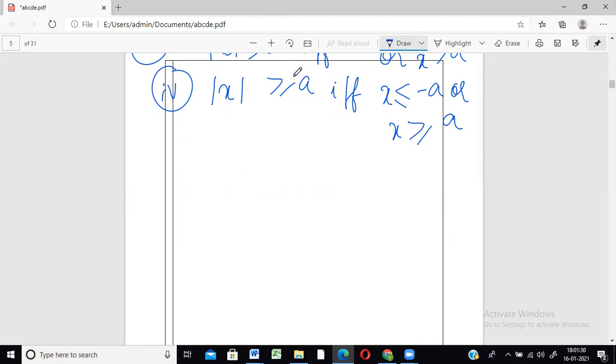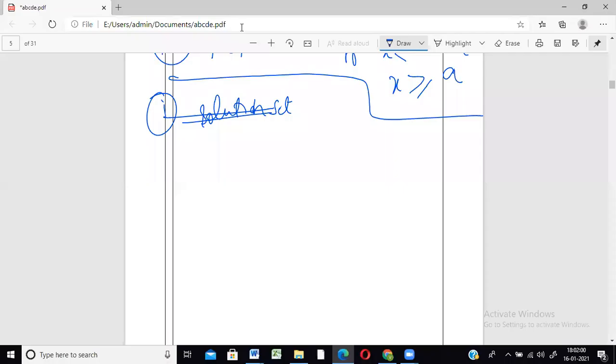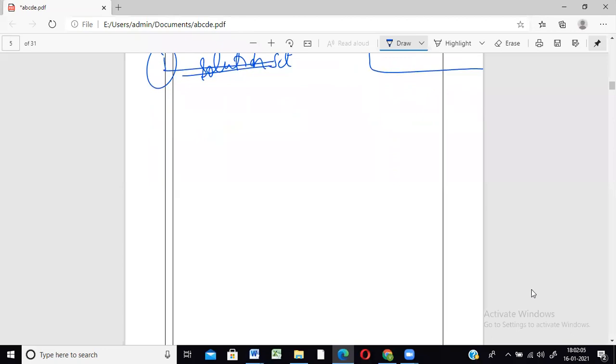For example, if they tell you about finding a solution set, this is not the rule. The rule and results are over. Suppose they tell you solution set. Anyway, we'll find out the solution set of a few questions given here.